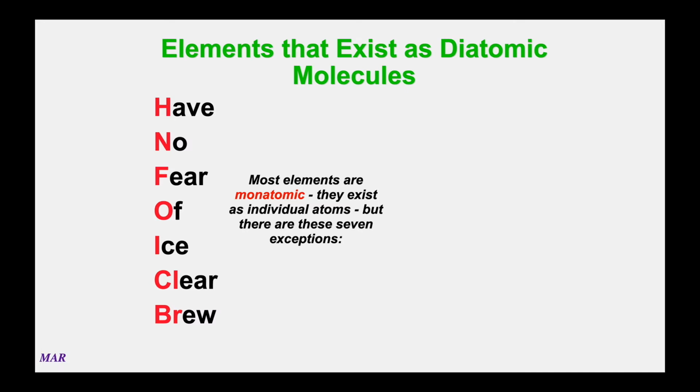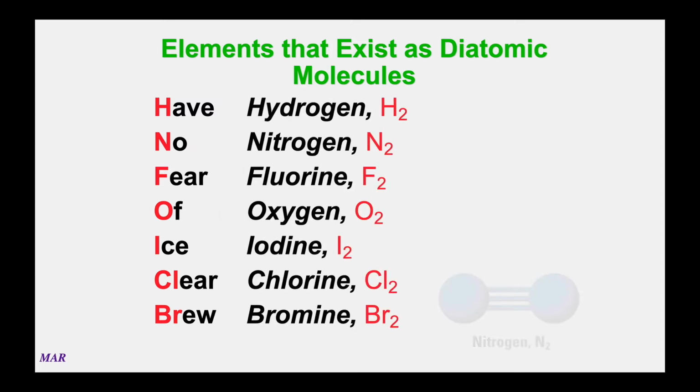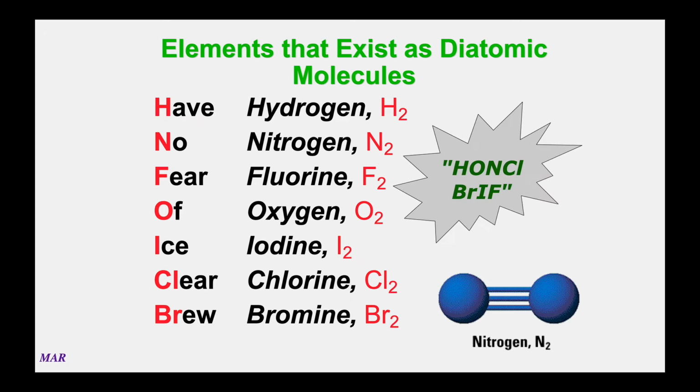Now, almost all the other atoms on the periodic table you can think of as monatomic individuals, but not these 7. So when it comes to hydrogen, nitrogen, fluorine, oxygen, iodine, chlorine, and bromine, all of those exist as diatomics, 2 of them. So that's where the have no fear of ice clear brew thing shows up.